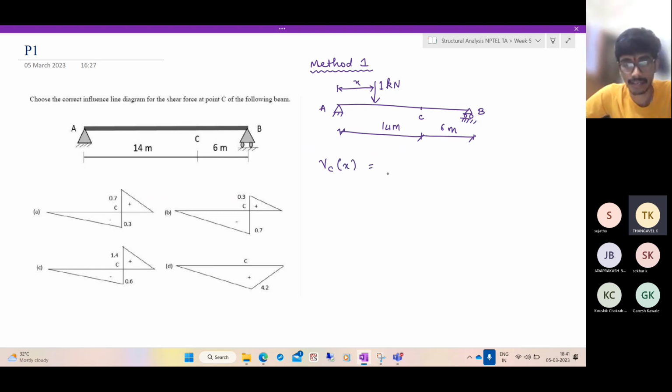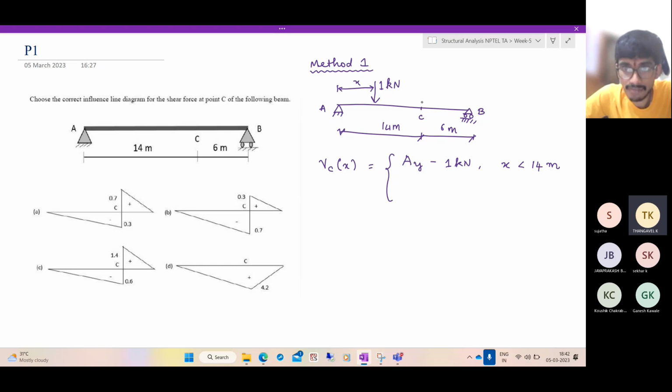Suppose the load is to the left side of the point C. How much is it? It is the reaction at A minus 1 kilonewton, when the load is to the left of the point C, that is X is less than 14 meters.